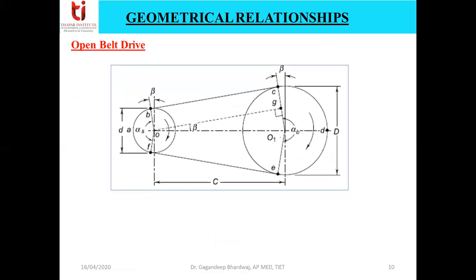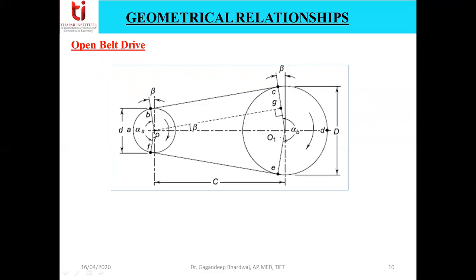Next is geometric relations. This is all about the open belt drive. In case of open belt drive, alpha S is known as the wrap angle for the smaller pulley, and alpha B is the wrap angle for the larger, the big pulley.